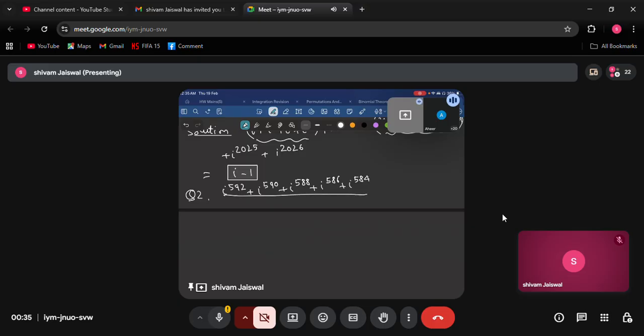The whole thing is divided by iota to the power 582 plus iota to the power 580 plus iota to the power 578 plus iota to the power 576 plus iota to the power 574 plus 2. Solve. Last sum, everyone. Quickly solve.